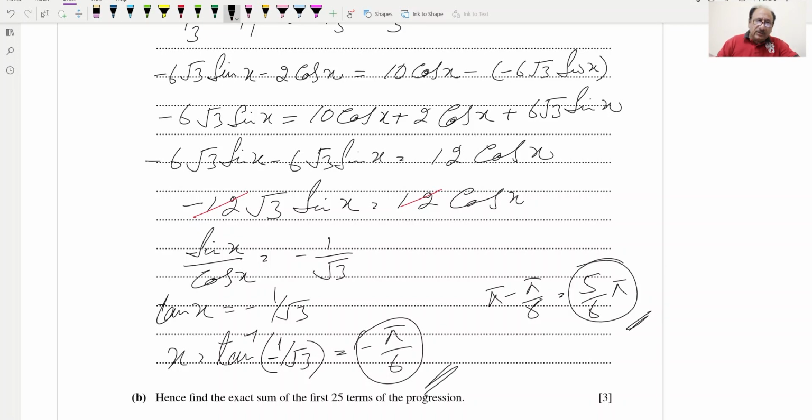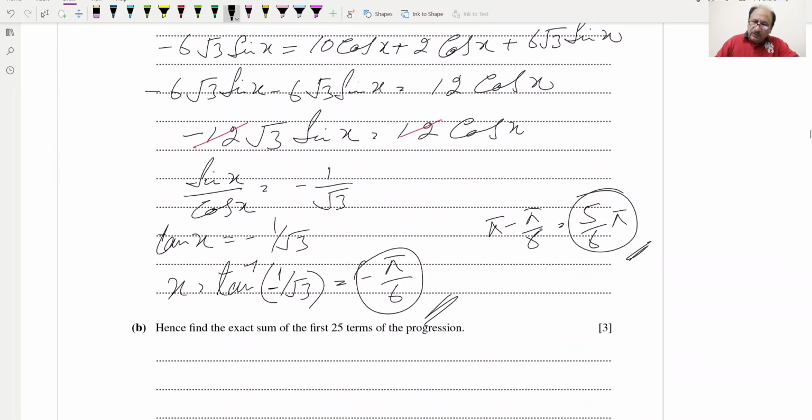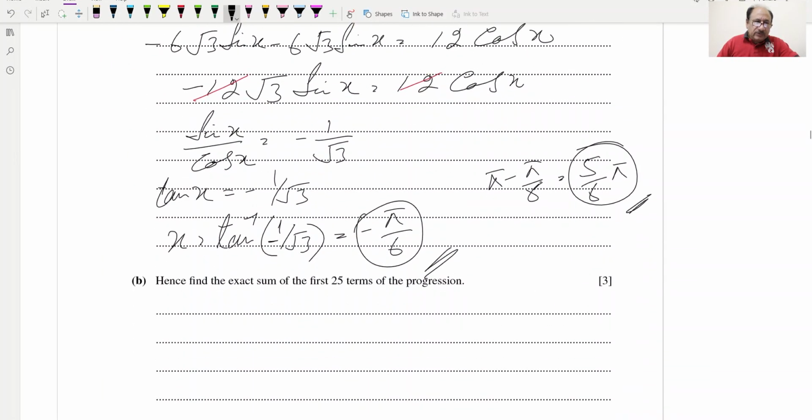So this one and this one will be our answer, and this will be from pi by 2 to pi, which is the range given. So within that range we'll be having these two answers.